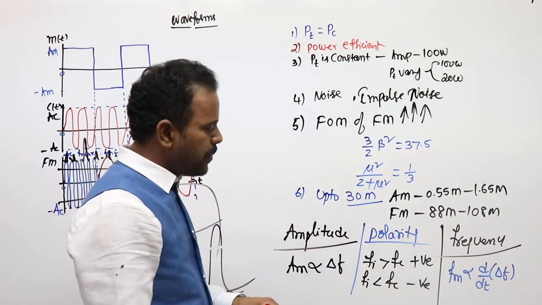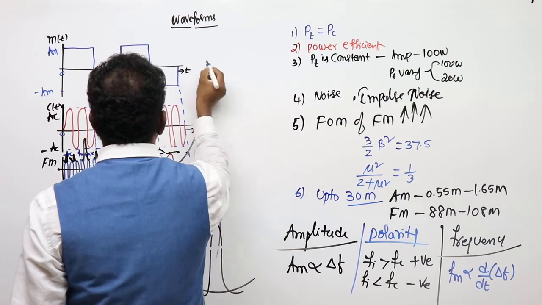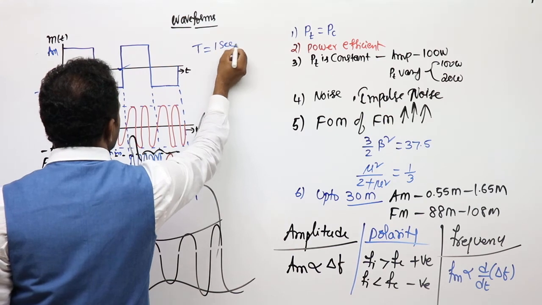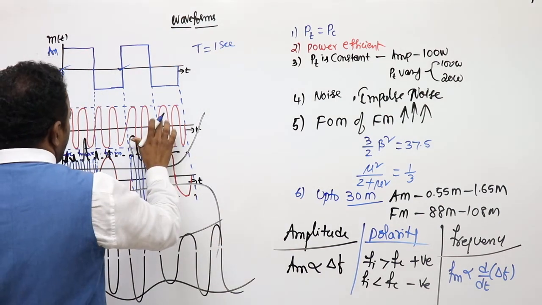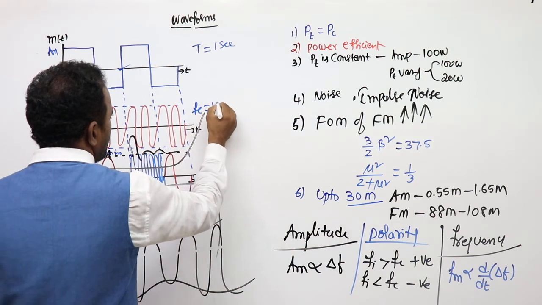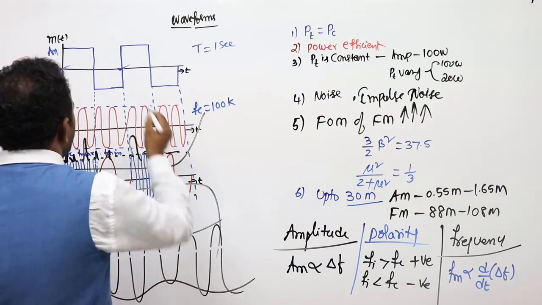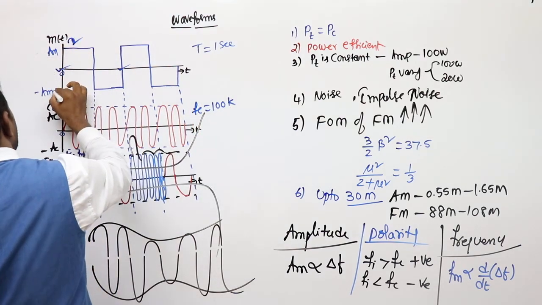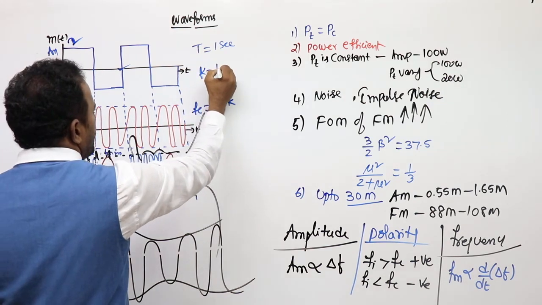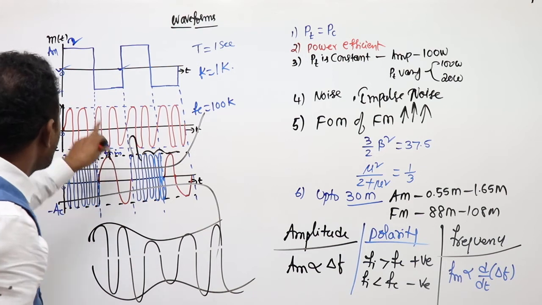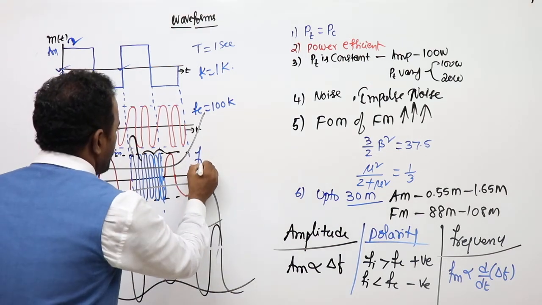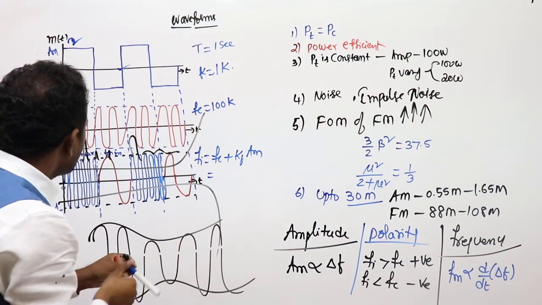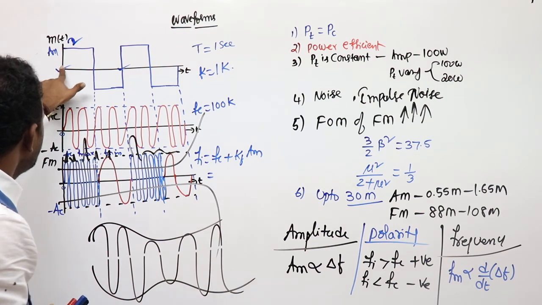For your simple understanding about the frequency, suppose the message signal has a time period of 1 second, students, and Fc is 100k. Let's take amplitude Am values 1 and minus 1, or for more understanding 2 and minus 2, and a Kf value of 1k. Then I am writing Fi, which is Fc plus Kf Am.